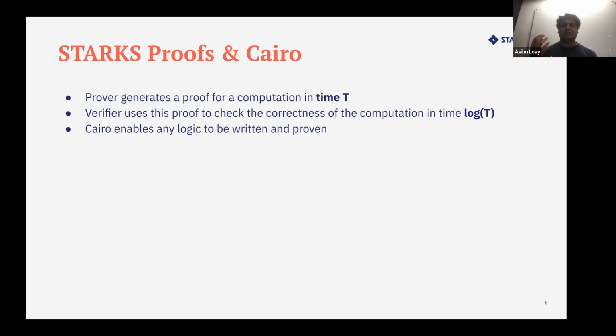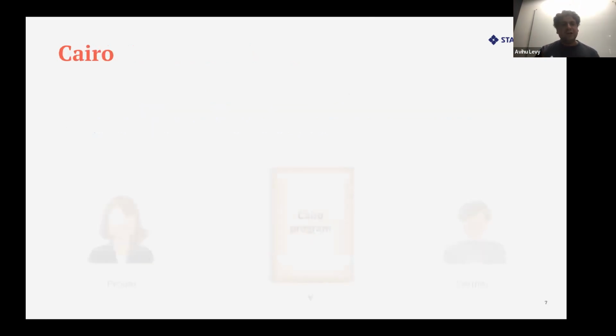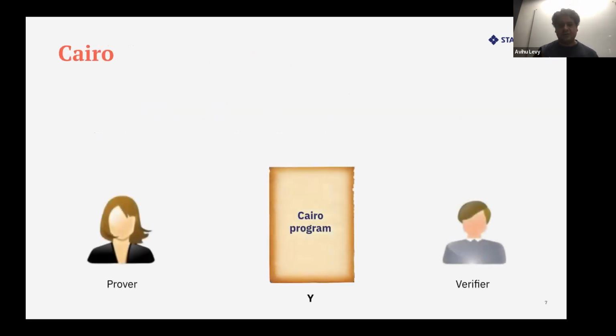It's a language that enables you to express your statements, the logic that you want to prove, in a software language, and then easily have it proven instead of using complex polynomials. So the basic idea is, let's say you have some program that you want to generate proofs of its validity for a given input.